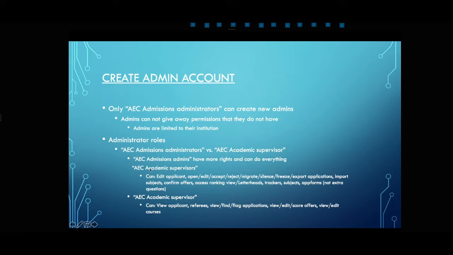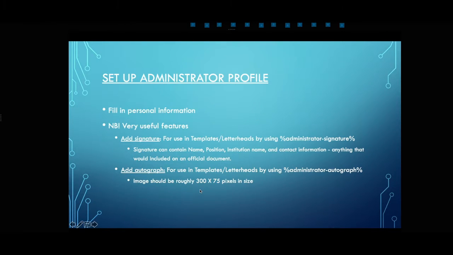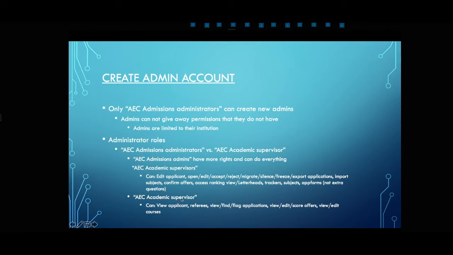If you have people who you want to review applications and help you with the decision process, but you don't want them changing, for instance, the app form questions, then creating someone as an AEC academic supervisor is a real good idea. If I'm unsure whether you are able to do it, but if you are not, just contact Sarah or myself, and we'd be happy to create a new academic supervisor for you.